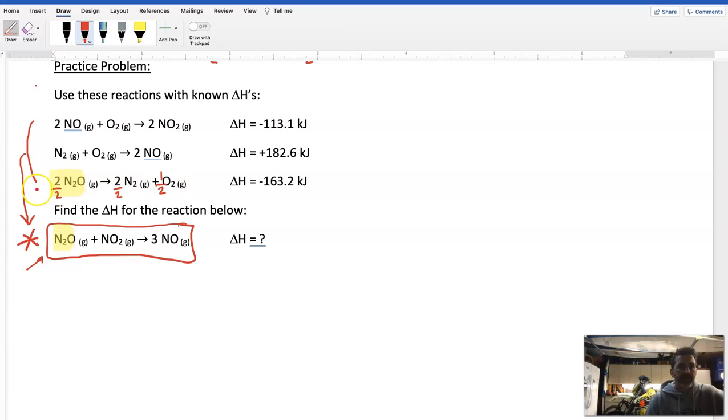So I'm allowed to multiply or divide any of these numbers by whatever I want. Okay, now remember, if I divide all of these coefficients by 2, then I also have to divide the delta H by 2. So I'm going to do that, and when I do that, I get negative 81.6 when I just divide by 2. Okay, so that's the first thing.